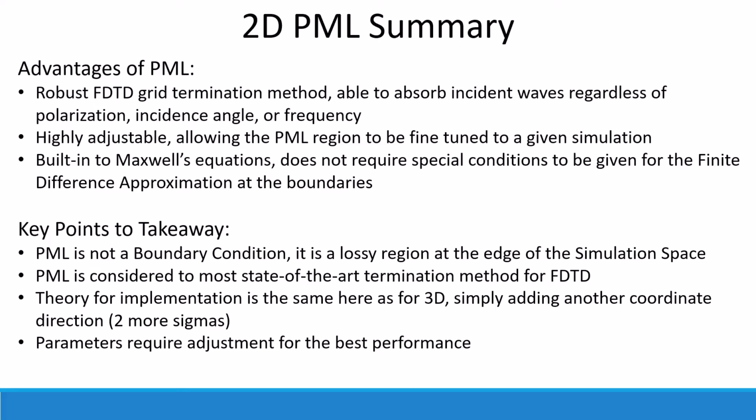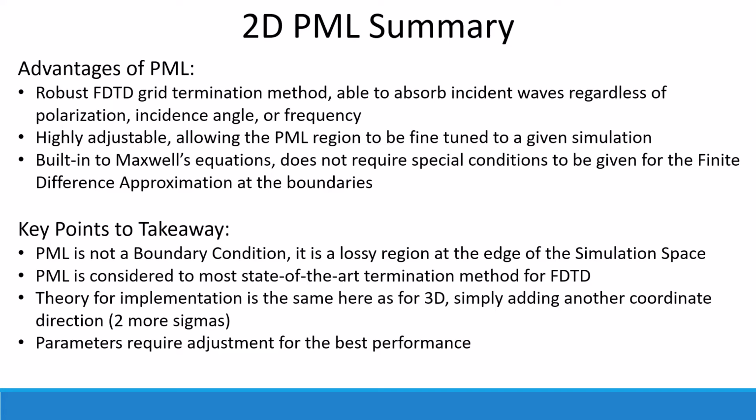The PML is not a boundary condition. Once again, to reiterate, it is a lossy region at the edge of the simulation space. PML is typically considered the most state-of-the-art termination method. However, in some cases, absorbing boundary conditions can outperform it. The theory we discussed in this video was for 2D.